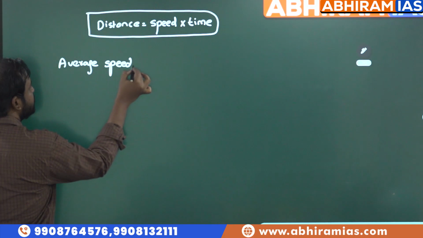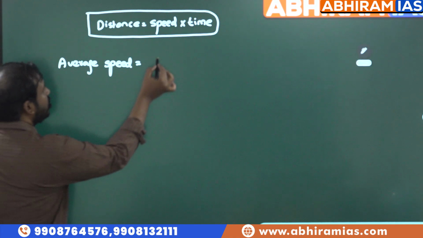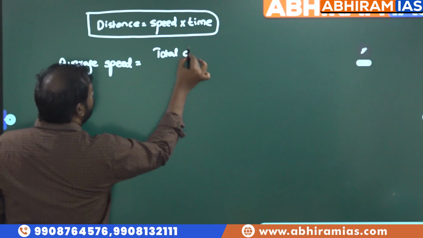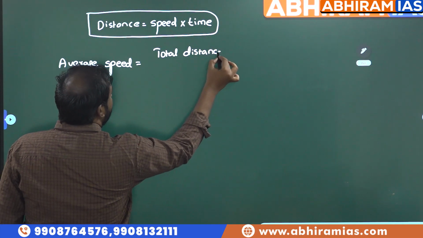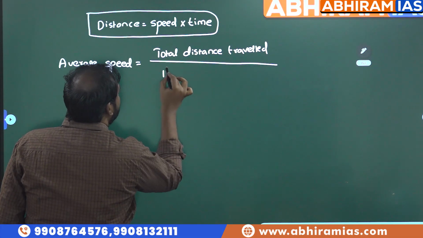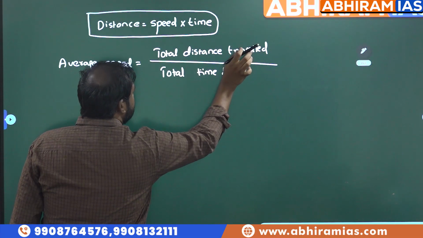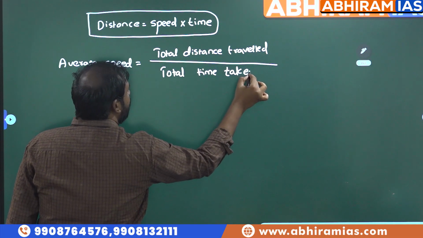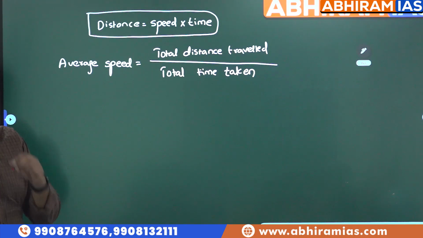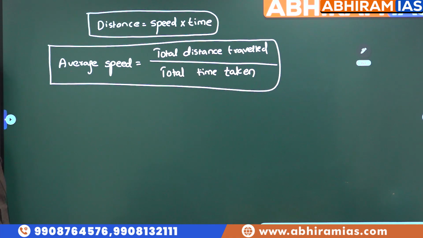The actual formula for speed is distance by time, but the formula for average speed is total distance traveled by total time taken.